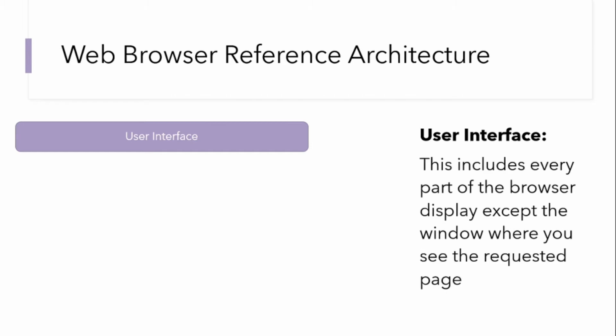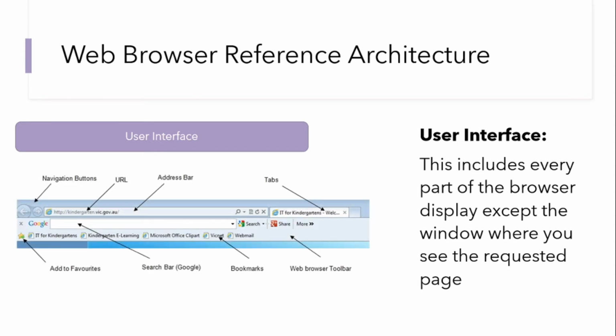The user interface includes every part of the web browser display except the window where you see the requested page. So, aside from where the requested page is loaded, the rest of the browser forms the interface.